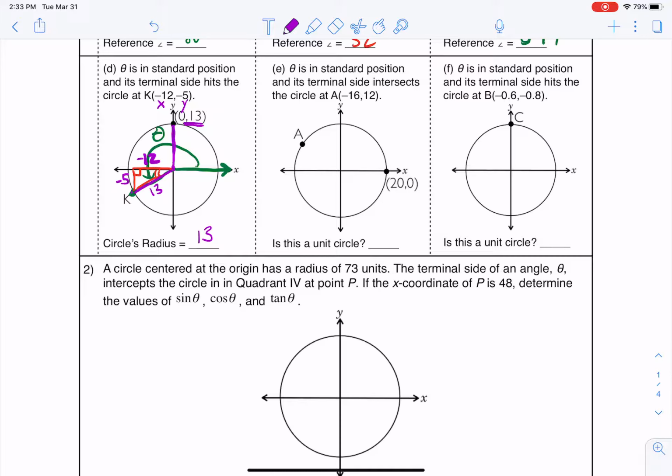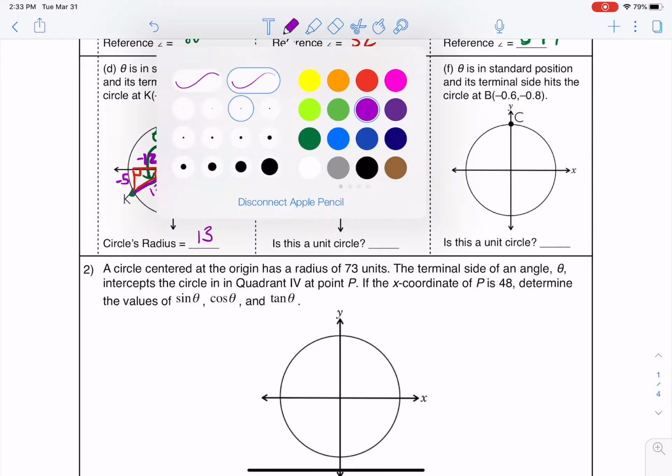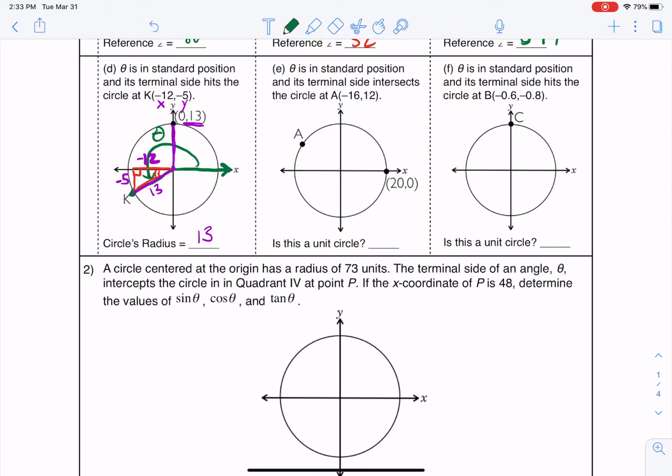All right, for part E. Theta is in standard position, and its terminal side intersects the circle at A being negative 16 and 12. So that gives me an x value and a y value. Our angle goes from the initial side to the terminal side.